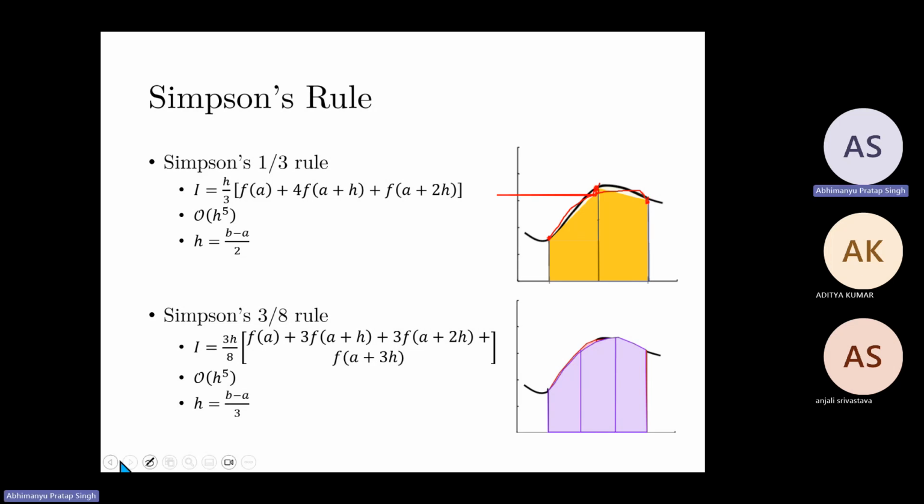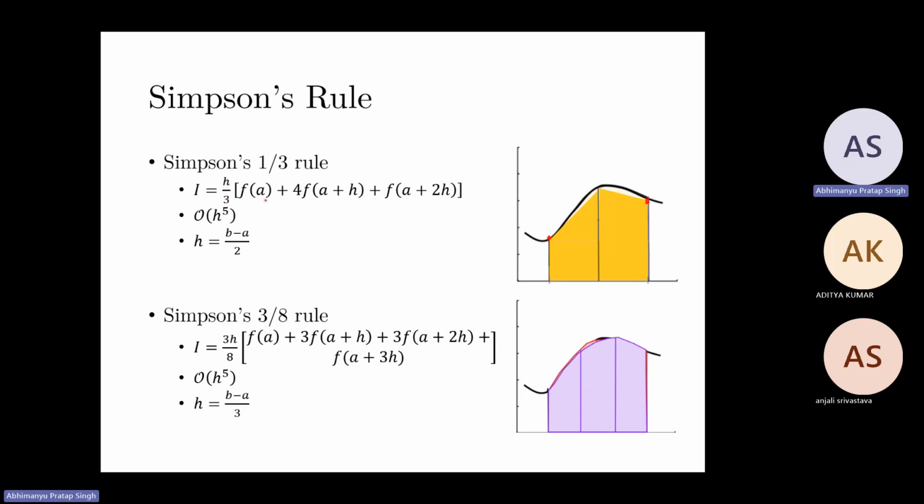Okay. We'll use this for annotation. This is much better. You can use Control Z to go back. Yeah. So in this case, we are approximating this using a second order polynomial. So we need 3 points for approximating it. So that is where this third point also comes into the picture.